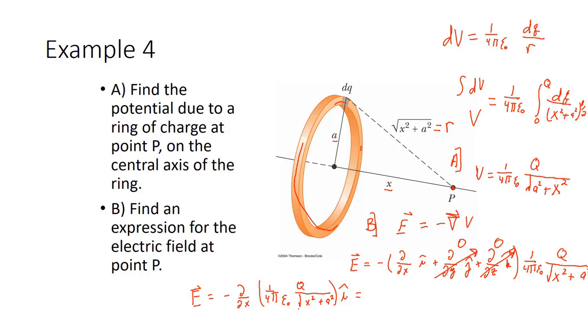So the 1 over 4 pi epsilon naught and q and this negative sign are all going to get factored out in front here. So we're going to have negative big Q over 4 pi epsilon 0 partial x, and I'm going to rewrite this now, x squared plus a squared, whole thing raised to the negative, because it's in the denominator, 1/2, because it's a square root power.